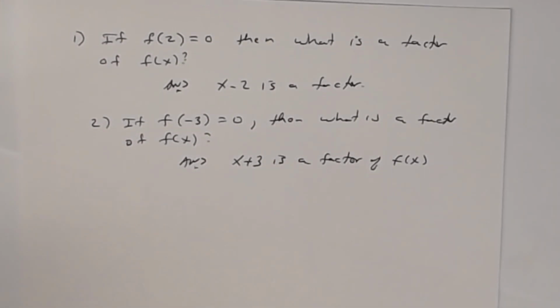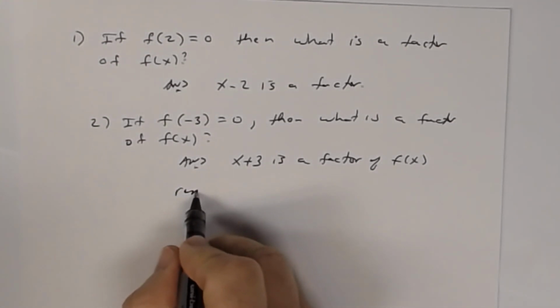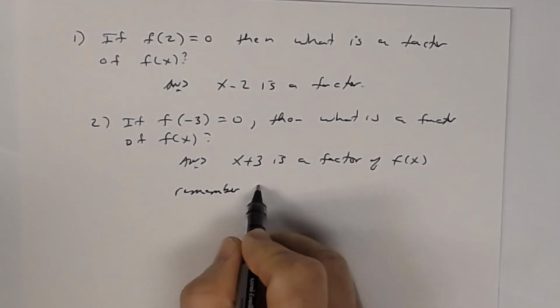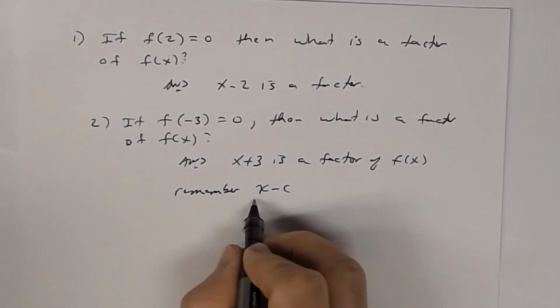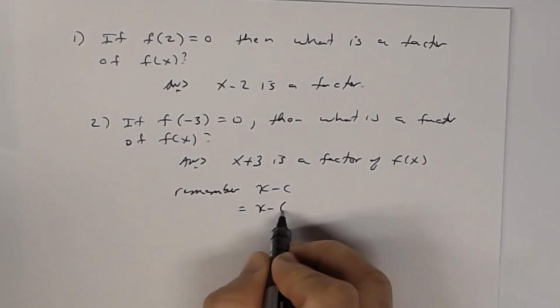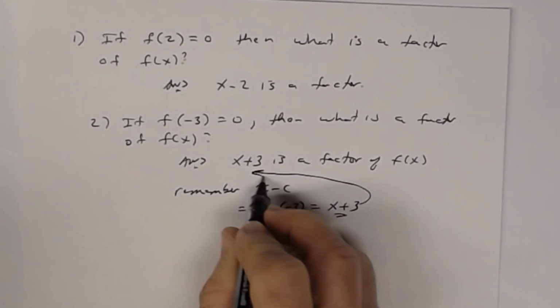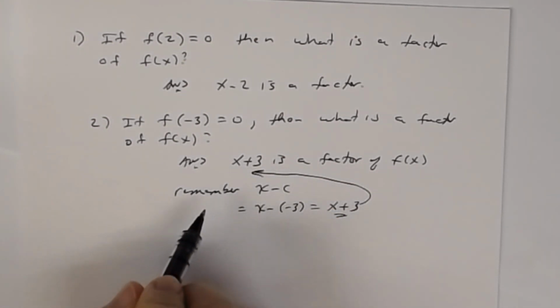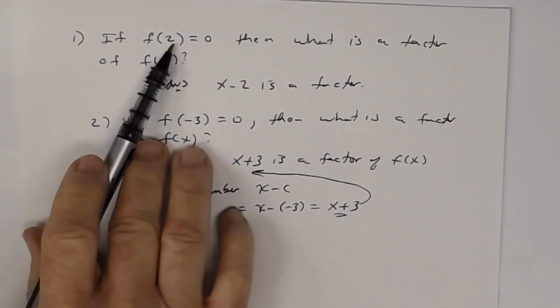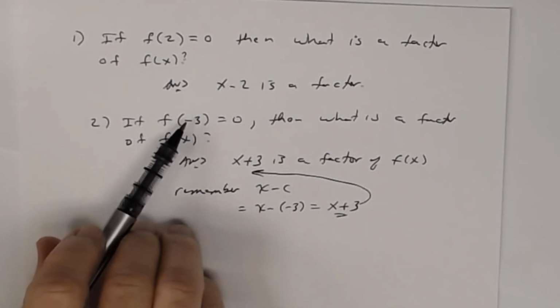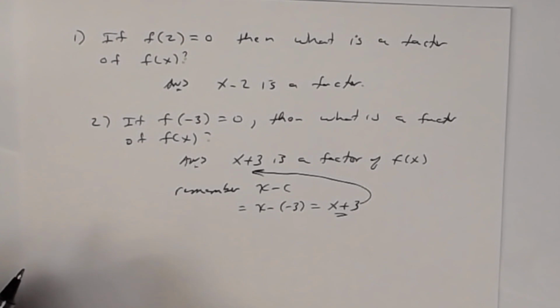Because if c is negative 3, this becomes x minus a negative 3, which is x plus 3. So just make sure you write it as x plus 3. That's important. So if c is 2, your factor is x minus 2. If c is negative 3, your factor is x plus 3.